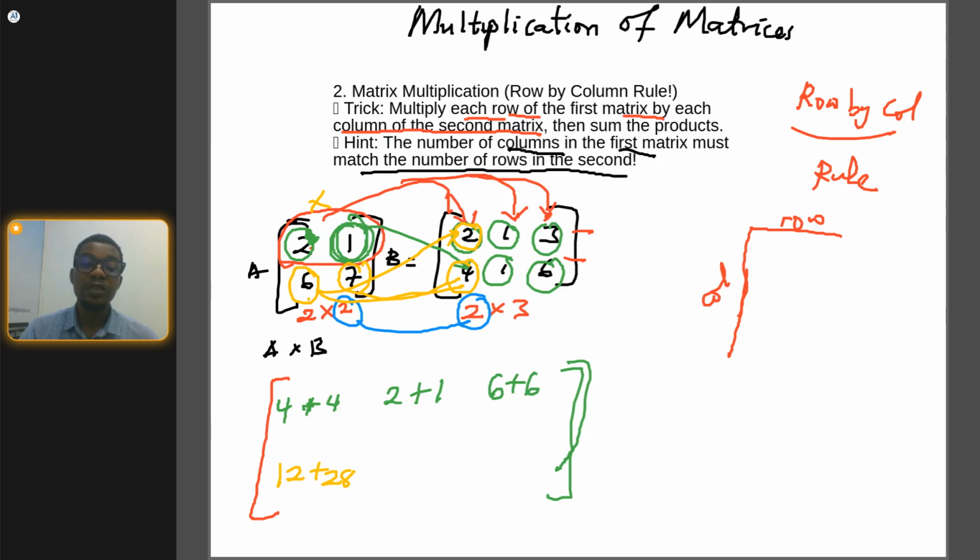And again, the same row will be used to multiply the next column. So 6 times 1 is 6, plus 7 times 1 is 7.